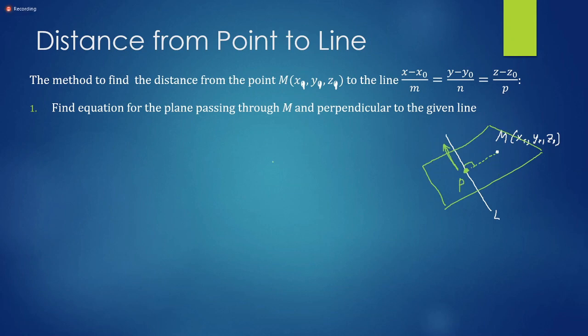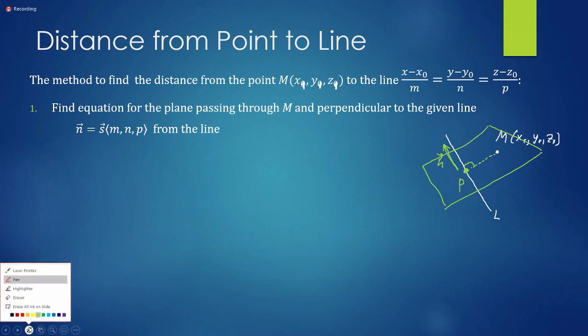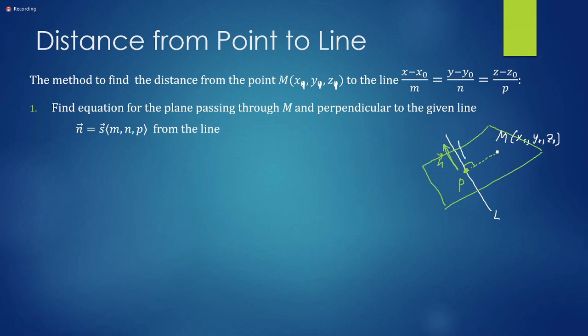That is easy to do because, as I already noted, the normal vector of the plane is the same as the direction vector of the line. Back to white. Direction vector of the line is S. We can use the same vector for the normal vector for the plane.